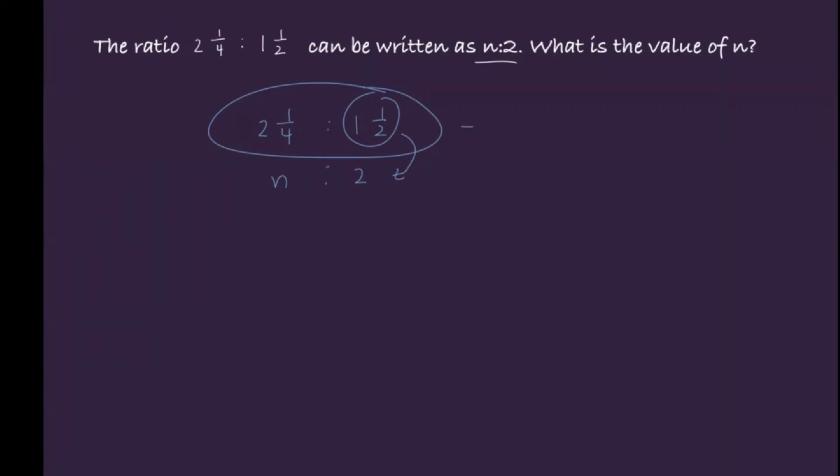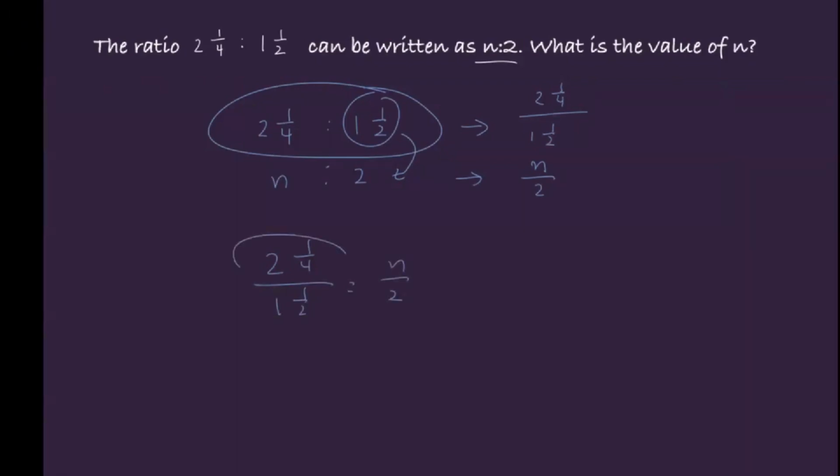We know that this ratio can be rewritten as 2 1/4 over 1 1/2. And this can also be rewritten as n over 2.